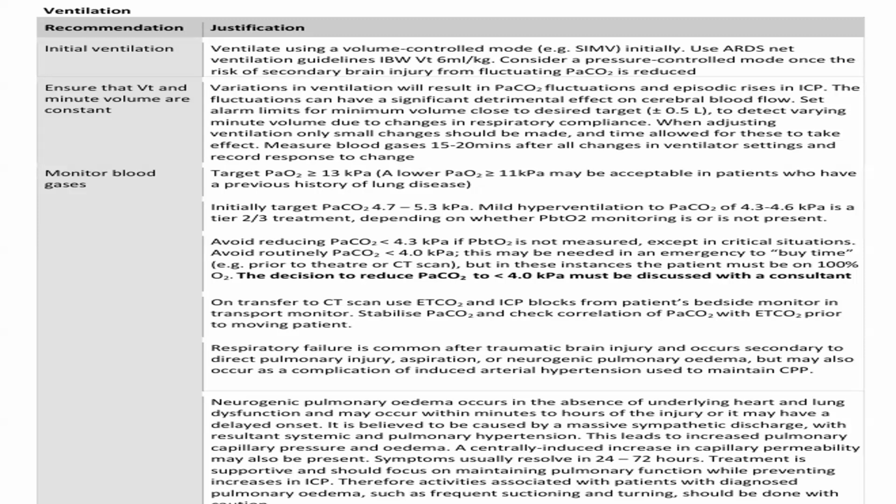This leads to increased pulmonary capillary pressure and edema. Centrally induced increase in capillary permeability may also be present. Symptoms usually resolve in 24 to 72 hours. Treatment is supportive, and activities associated with the patient, such as suctioning and turning, should be limited when pulmonary edema is diagnosed.